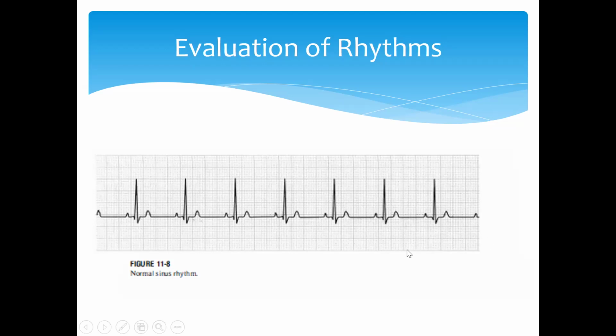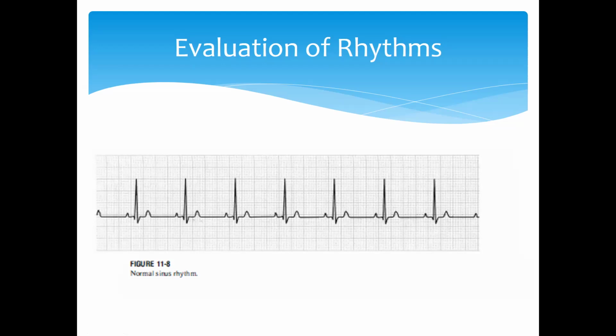After counting the 30 large boxes, we will count how many R waves are present in the 6-second strip. Then multiply that number by 10 to estimate the heart rate in beats per minute.